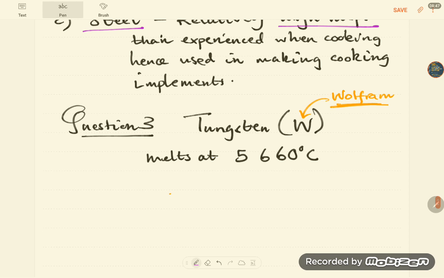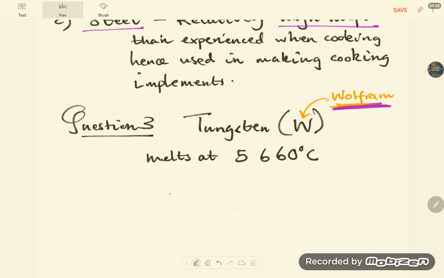And question 3 was asking us, this is a very interesting question. I'm sure some of you may have come up with different answers as well, because we have many other substances that may be deemed to have high boiling points. But the one that I found was tungsten, which is also known as wolfram.